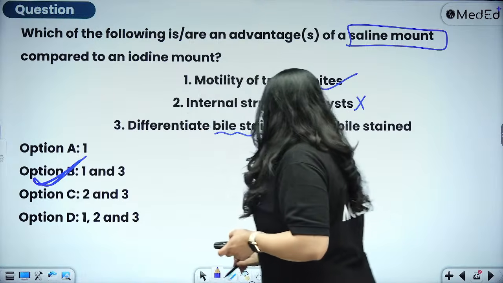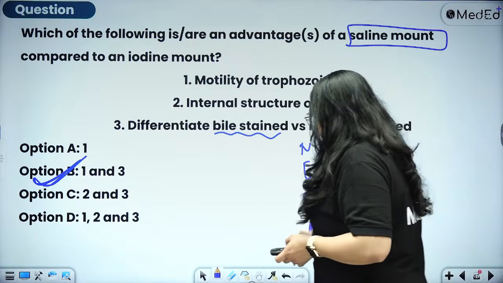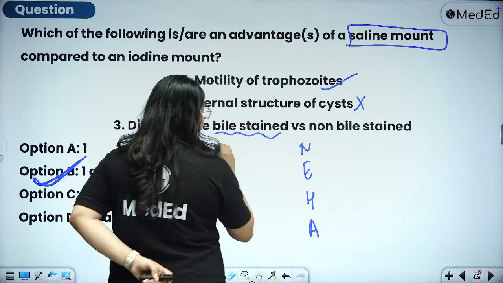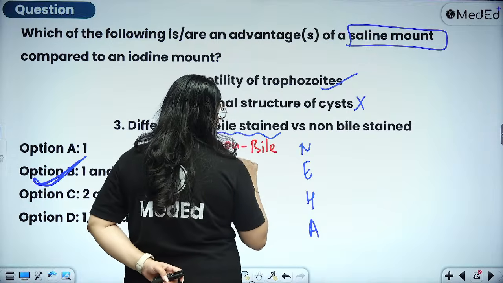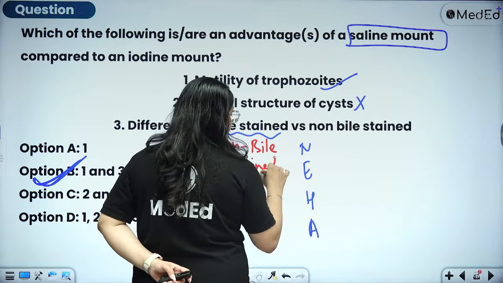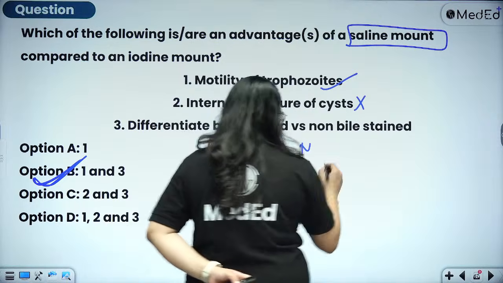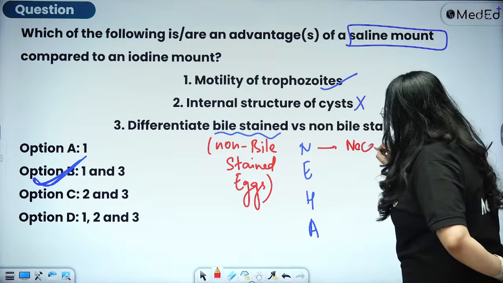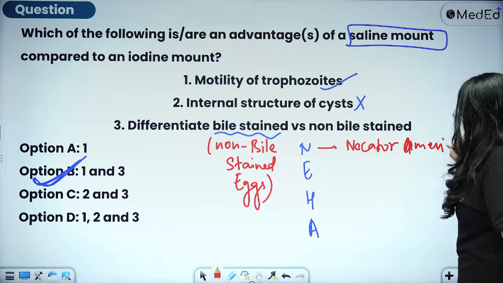So this brings us to the mnemonic Neha. Your non-bile stained eggs. Rest all are your bile stained eggs. Okay, Neha. Necator americanus, hookworm.